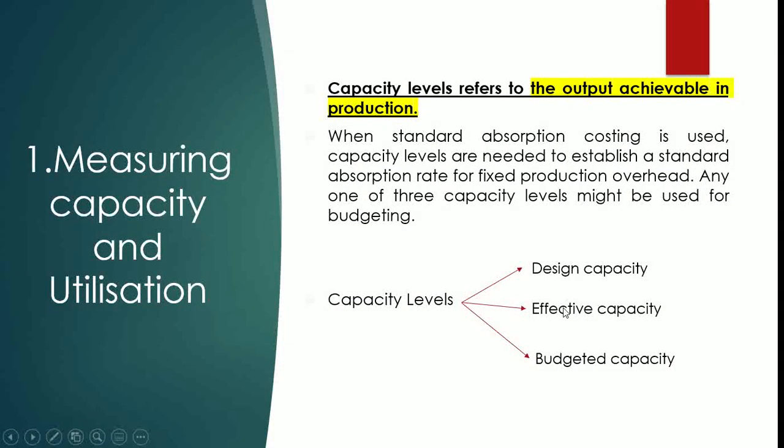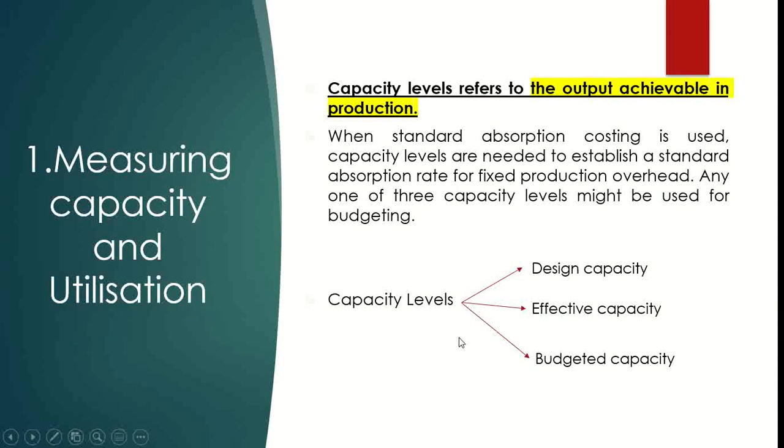For any organization, they can see the following 3 capacity levels. So I have divided capacity levels into 3 types here. First one is design capacity, second one is effective capacity, third one is budgeted capacity. So we'll go one by one. What is design capacity, what is effective capacity, what is budgeted capacity.